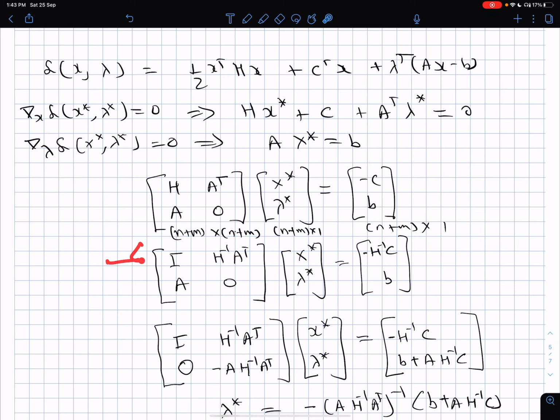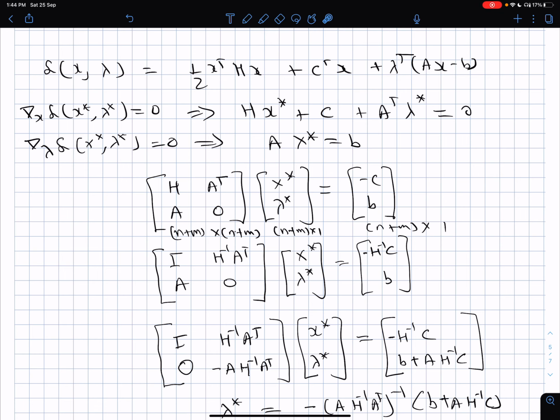Next, these first n equations, I will multiply by the A matrix and subtract from below. So A is an m cross n matrix. It can be used to multiply this. That's like doing a linear combination to reduce it to m equations and then subtracting it from these m equations.